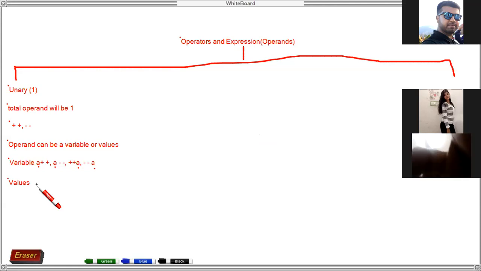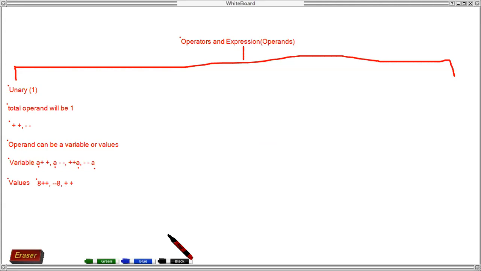So it looks like this: 8 plus plus, then you have minus minus 8. Then you can have certain examples like plus plus 9, and then you can also have 9 minus minus.